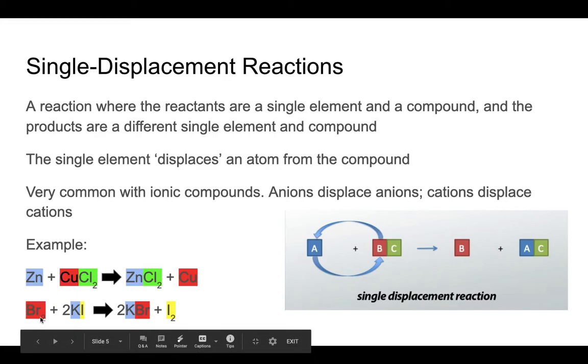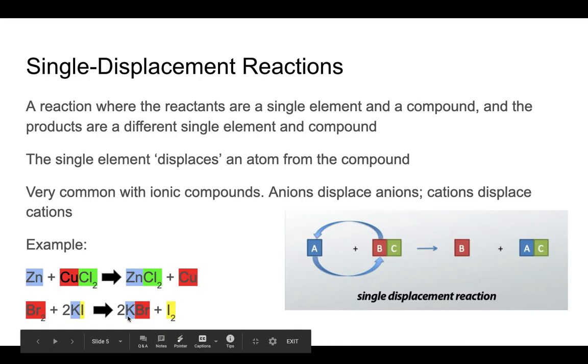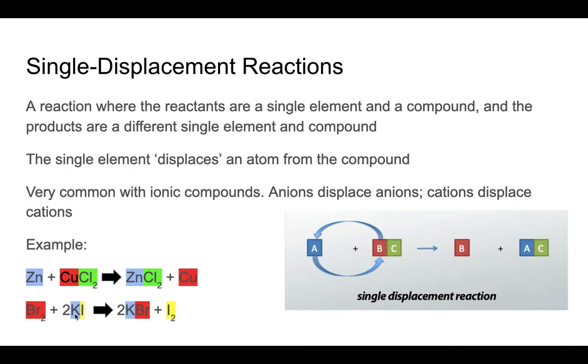Below, we've got bromine and potassium iodide, and it yields potassium bromide and iodine as the single element. So here we've got the anion kicking the other anion out of the compound. So our compound is potassium iodide.